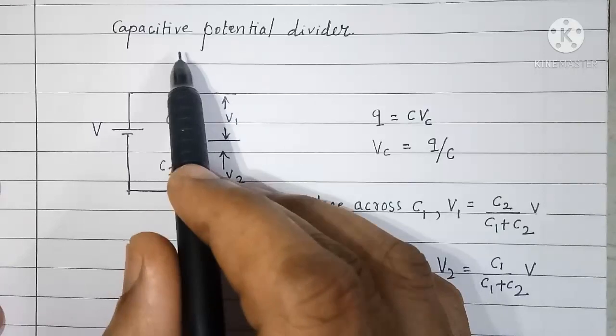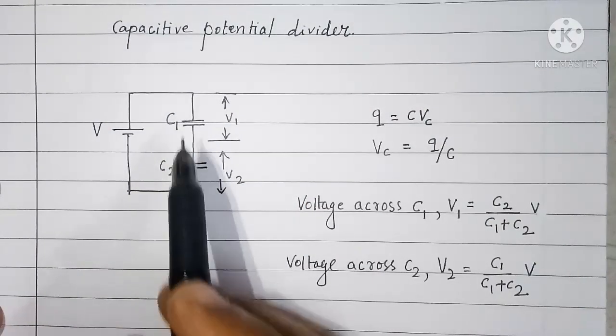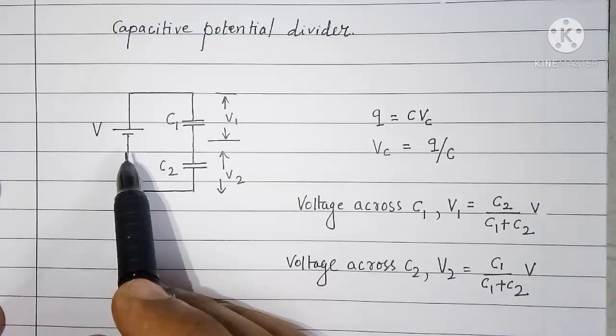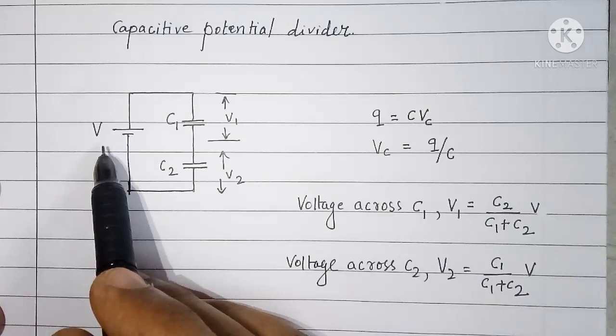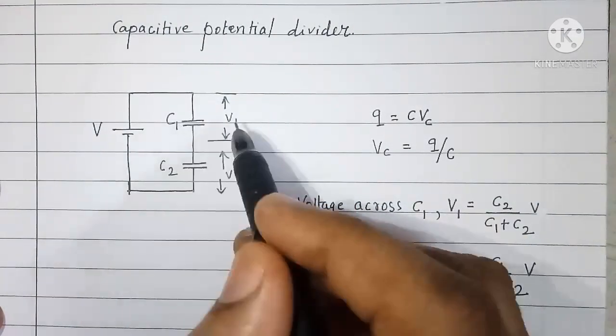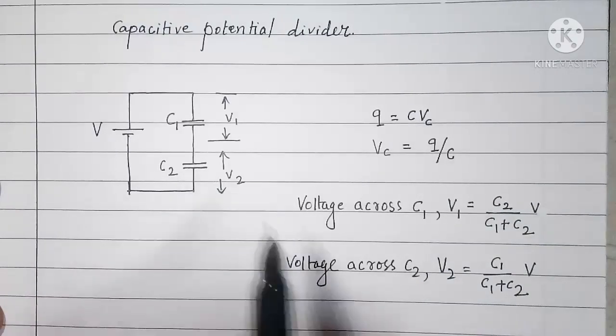Now we will look at capacitive potential divider. Here you can see a series combination of capacitors C1 and C2, and that series combination is connected across source V. Voltage across capacitor C1 is V1 and the voltage across capacitor C2 is V2.